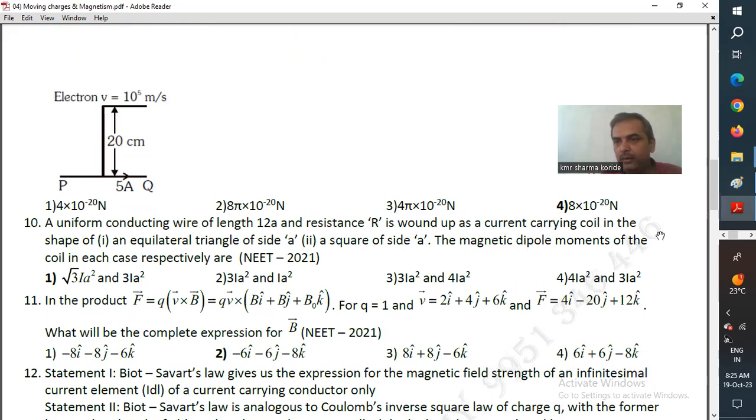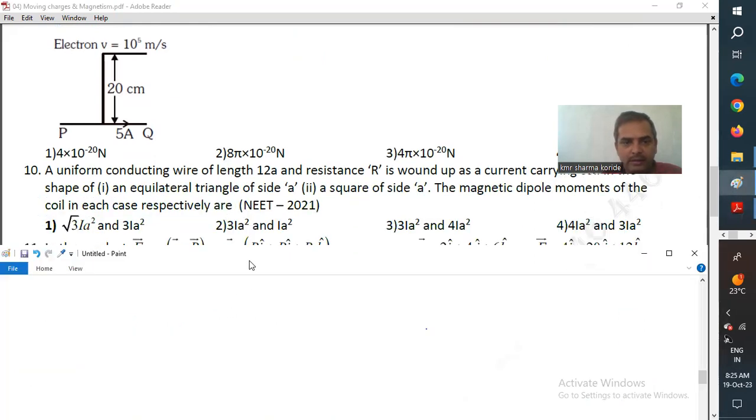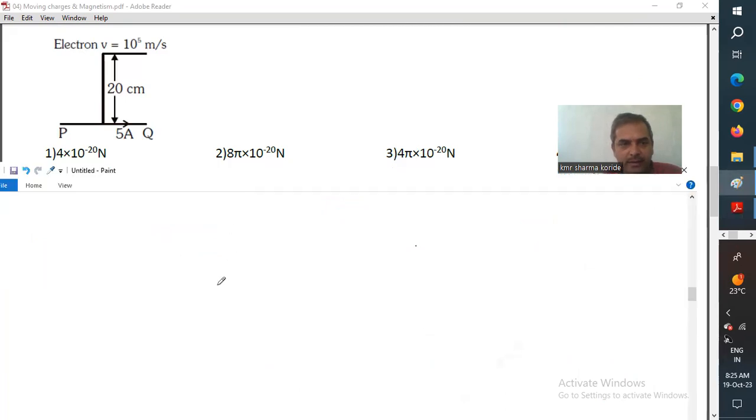Okay. So assume that there is a conductor which is carrying some current. This is the conductor, through which a current of 5 amperes is flowing.